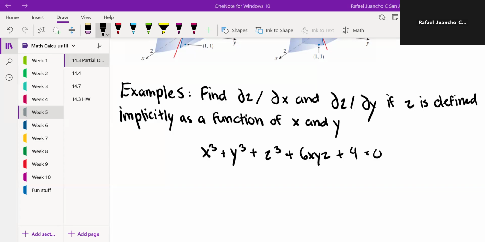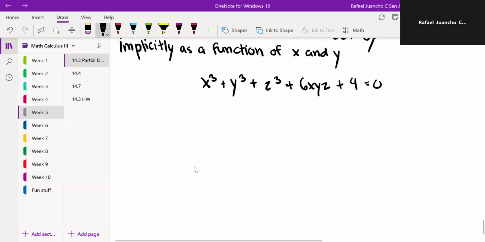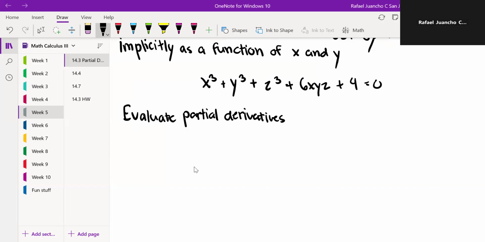And once we find those partial derivatives, we want to evaluate them. So we want to evaluate these partial derivatives at a particular point in our quadric surface, which is -1, 1, and 2.